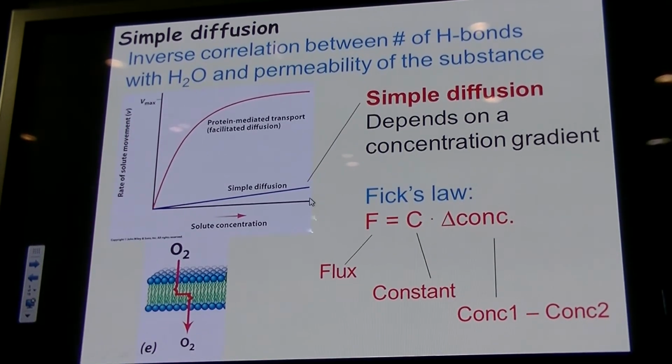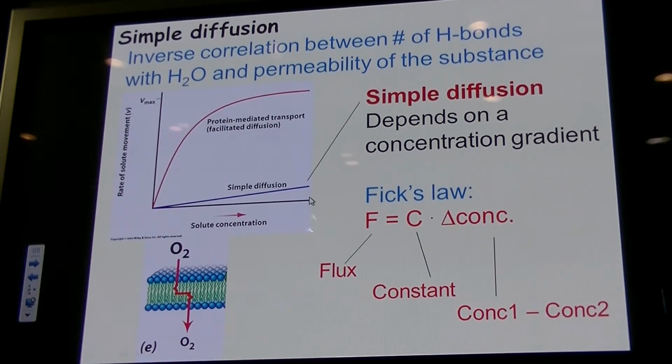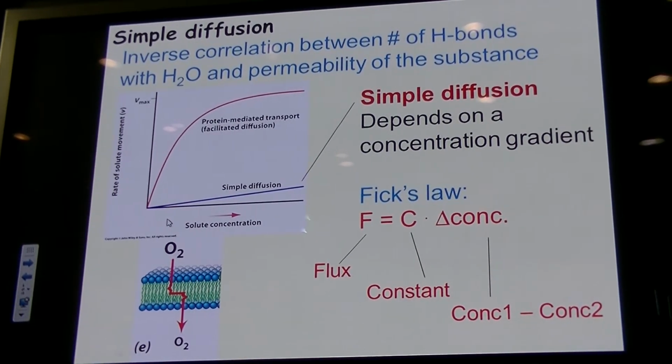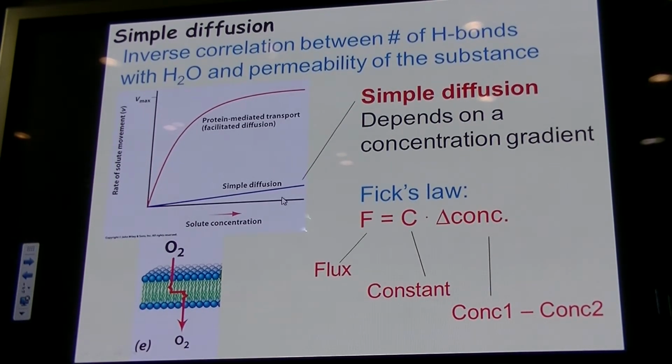Okay, so let's first look at diffusion. So diffusion, remember, we suspect that we have diffusion if we get a relatively slow rate of transport, and the rate of transport is linear with the concentration. So oxygen is an example. It moves by simple diffusion.